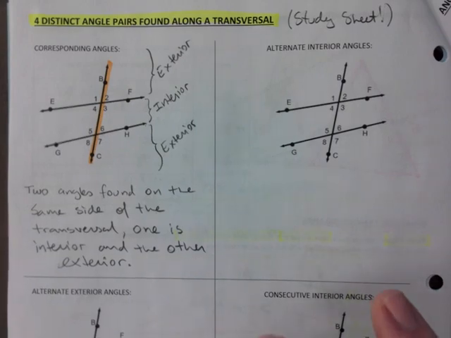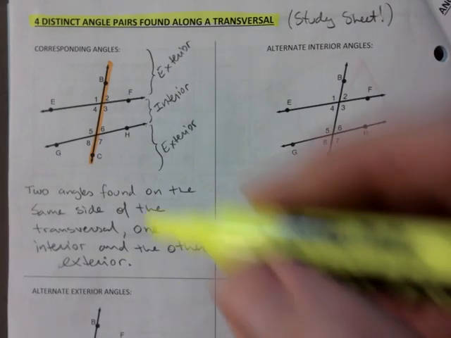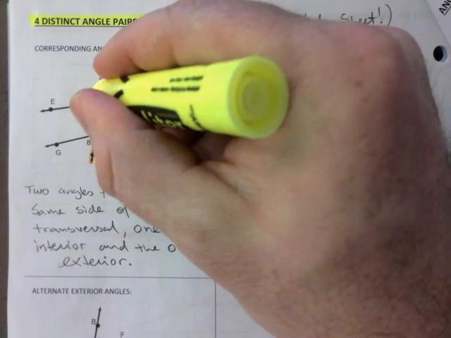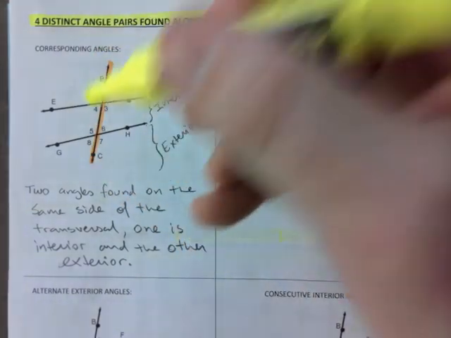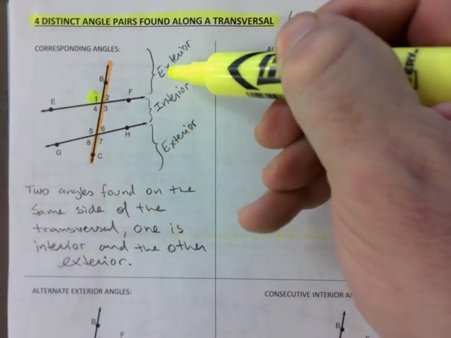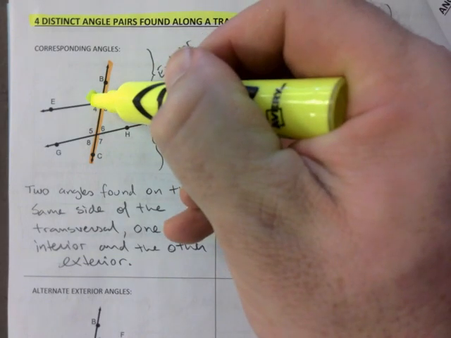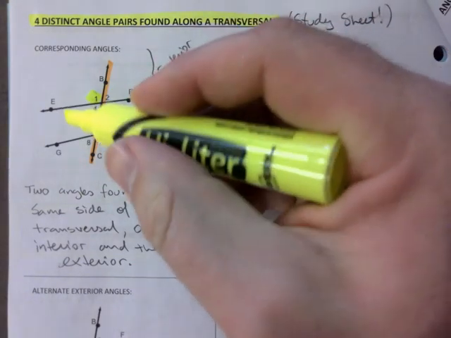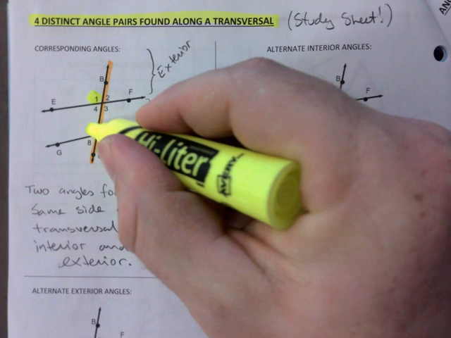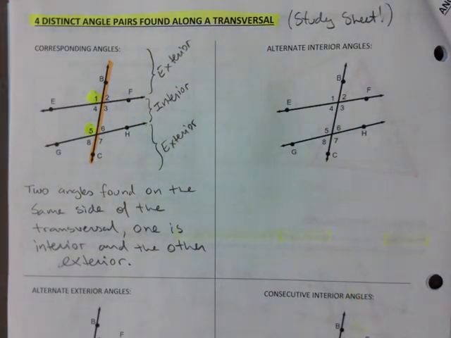I'll just show you one pair here. Angle 1, that's an exterior angle, correct? It would correspond to this one here. If you have more colors, I'll show you one more.